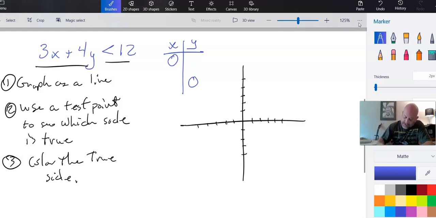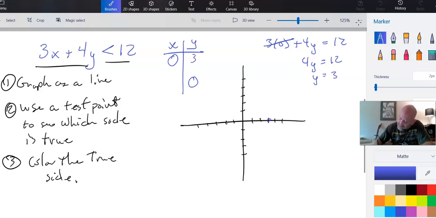So if I make x 0, that ends up being 3 times 0 plus 4y equals 12. Well, we'll do equals because we're graphing the line right now. Okay, so that goes away, and I really just have 4y equals 12 here, so y is 3. Now, if I want the other intercept, that's making y 0.